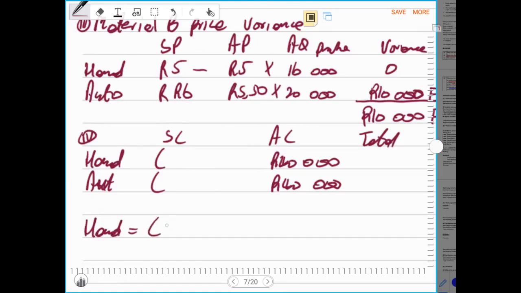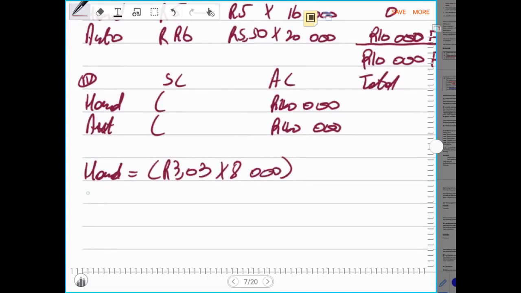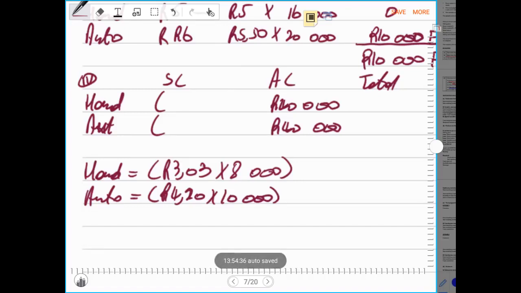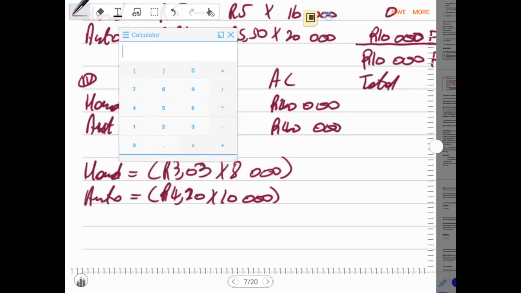My standard will be 3 rand 3 cents times the actual units that were manufactured and sold, because 3 rand 3 cents was the cost per unit. Then I have my auto washing powder, which is 4 rand 20 cents, times 10,000 units. Standard cost is always standard cost per unit times actual production or actual hours, depending on whatever component of cost you are dealing with.